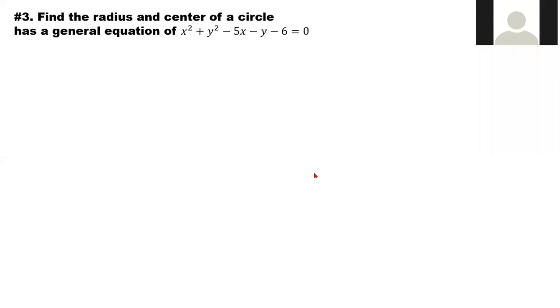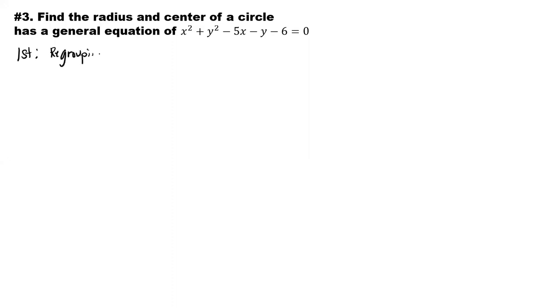Okay. So let's have more examples for converting the general equation to standard form. For example, number 3, we will find the radius and center of a circle with a general equation of x squared plus y squared minus 5x minus y minus 6 is equal to 0. So the first step will be the grouping.